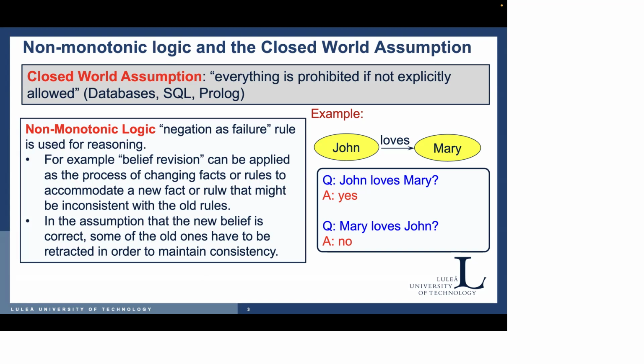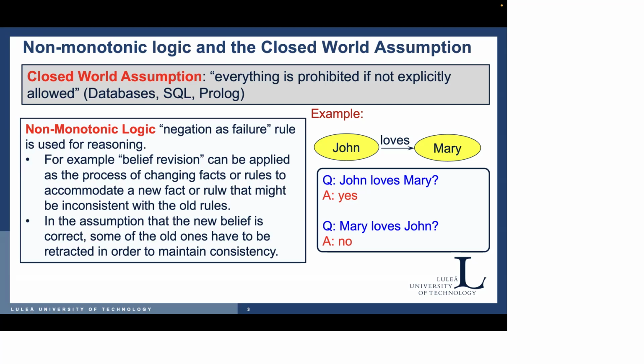So if something is not explicitly stated, then it is false. So as exemplified here. And this is called the closed world assumption, which is behind classical relational databases and expert systems, all the expert systems.